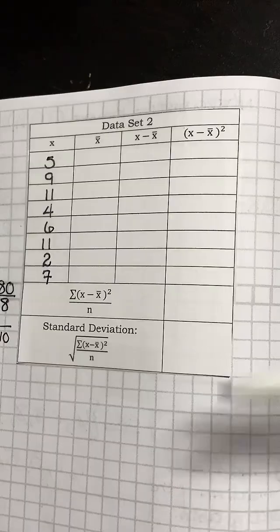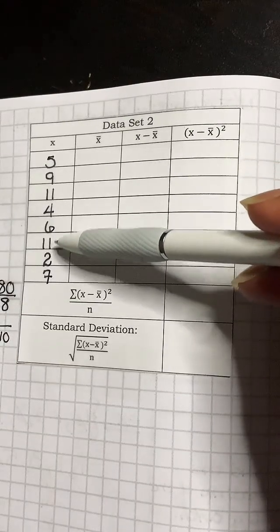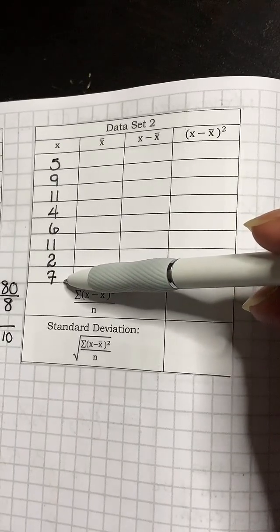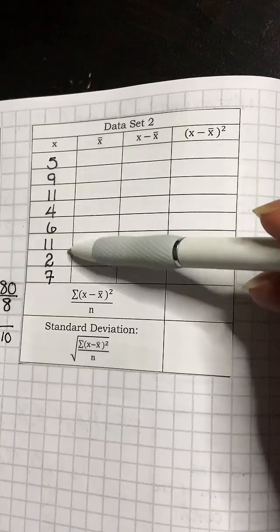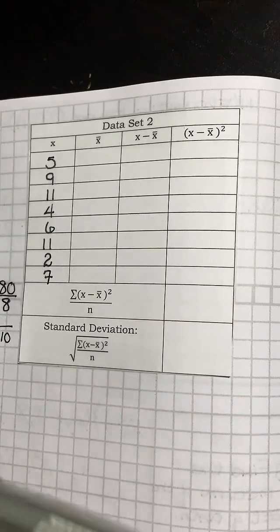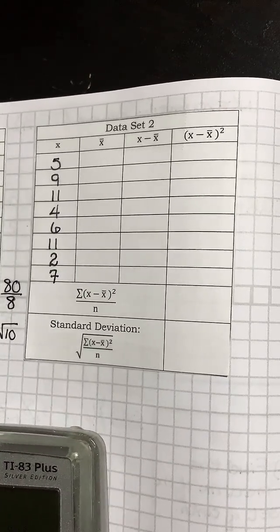So before we can do anything, again, we have 1, 2, 3, 4, 5, 6, 7, 8 numbers in that data set. We need to find the mean. So in order for us to find the mean, we need to add all those numbers up and divide by 8.